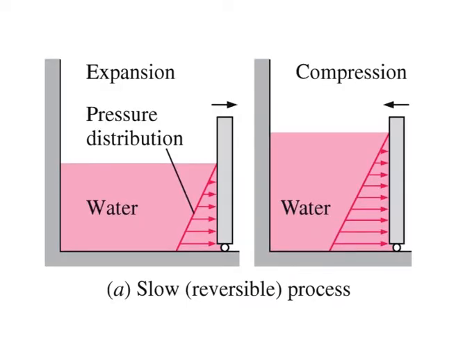Engineers are interested in reversible processes because work producing devices such as car engines and gas or steam turbines deliver the most work, and work consuming devices such as compressors, fans and pumps consume the least work when reversible processes are used instead of irreversible ones.